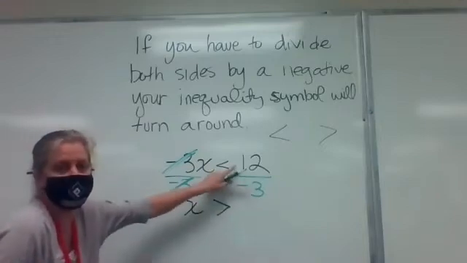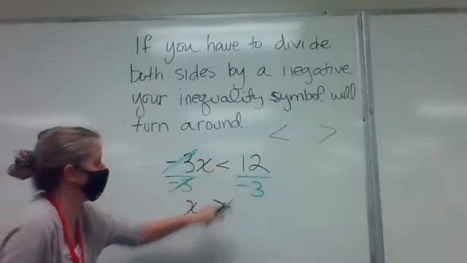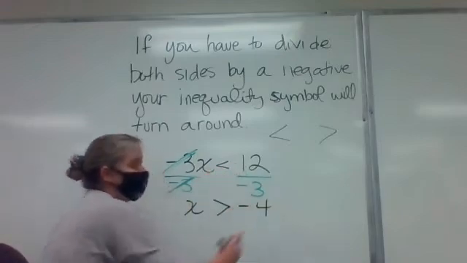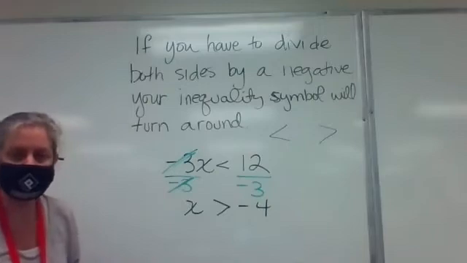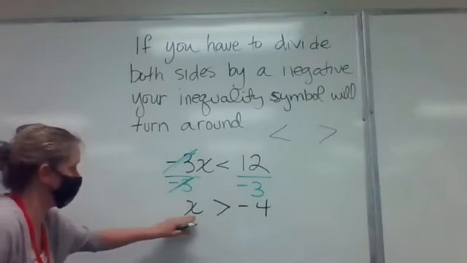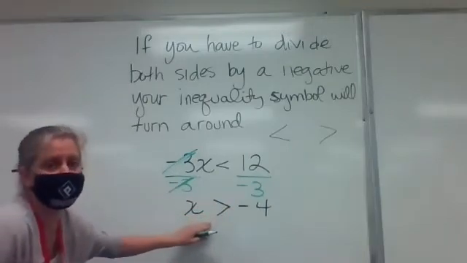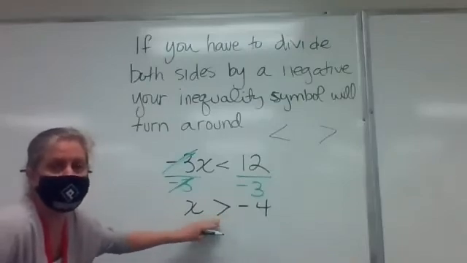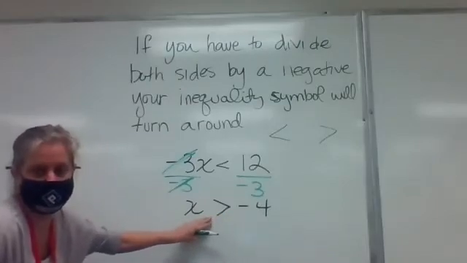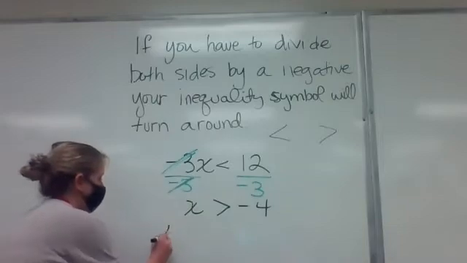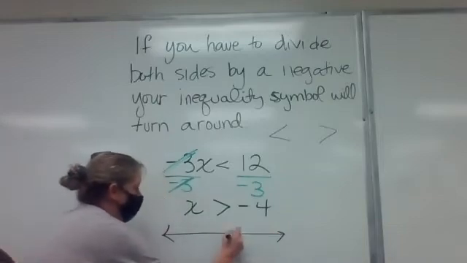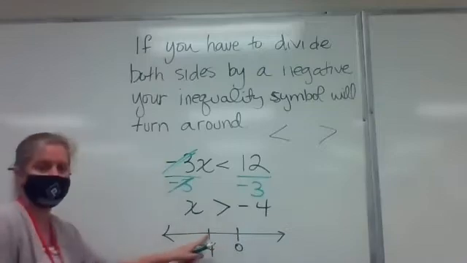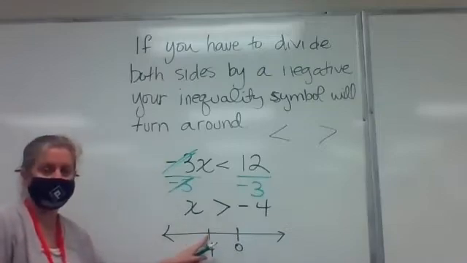And then just do division like you always do. 12 divided by negative 3 gives me negative 4. So your solution is x is now greater than negative 4, and this is what you're graphing. So if that's where my 0 is, negative 4 is on this side of 0. All negatives are on this side of 0.